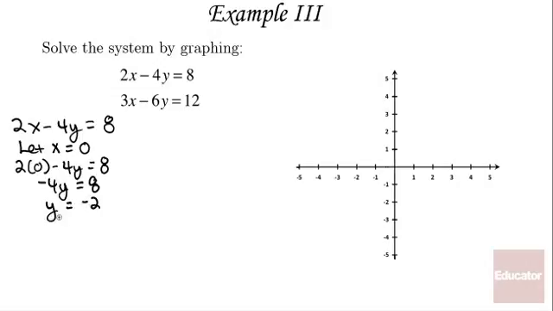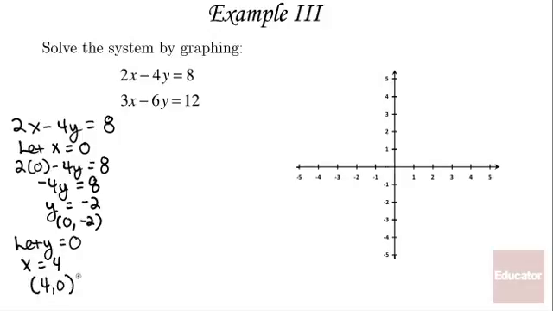So my first point, my y-intercept is at 0, negative 2. If I let y equal 0, and then I insert 0 in there, I get 2x minus 4 times 0 equals 8, and I'm going to work that out and find that x equals 4. So my x-intercept is at 4, 0.